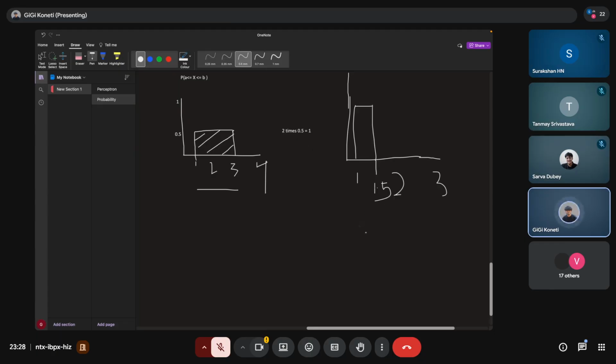So its width is 0.5, its width is 0.5, and what will its length be? Can anyone say? I mean what will its height be if this area is constant? So it will be 2, that is equal to 1. So the area must be 1, as I said, because it's a probability, the overall probability, right? So this part is 2. 1 second.